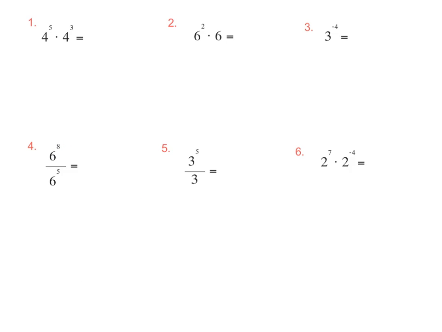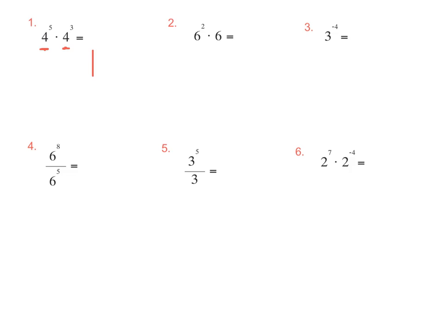Now that you've learned a little bit about multiplying and dividing exponential expressions with both positive and negative numbers, we're going to do a little practice. For number 1, simply simplify this exponential expression. Remember, anytime I'm multiplying two terms with the same base, they both have 4, all I'm going to do is add my exponents.